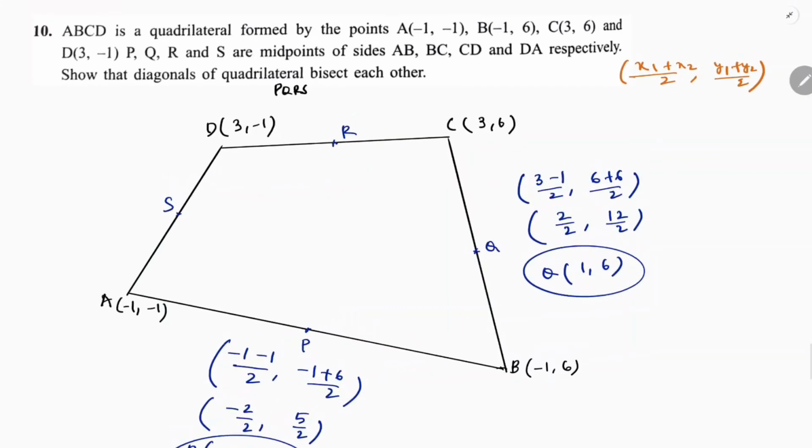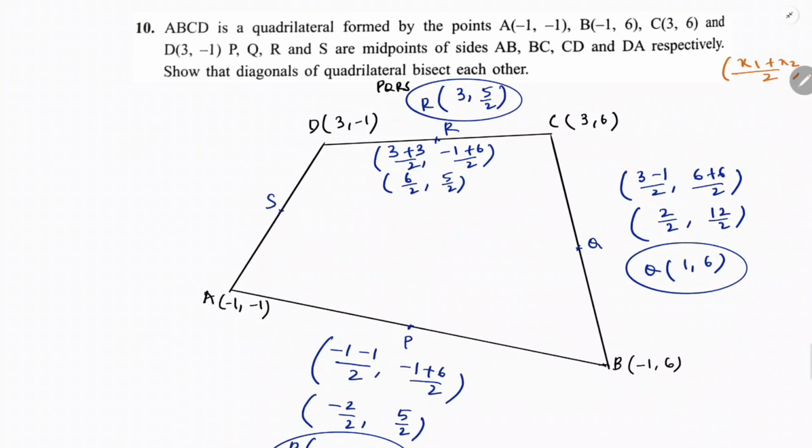Fine. Now I'll find R. R is (3 plus 3) by 2, (-1 plus 6) by 2, that is 6 by 2, 5 by 2. So R is (3, 5/2).